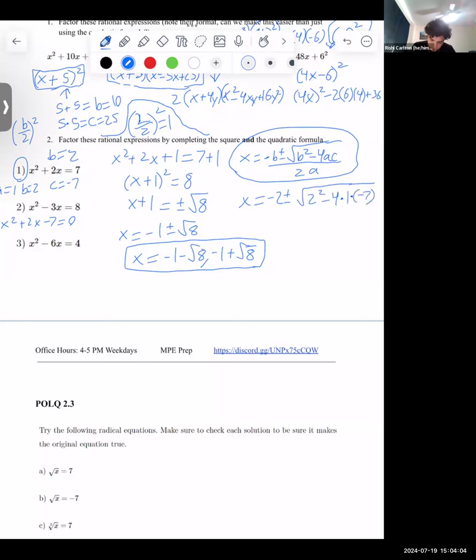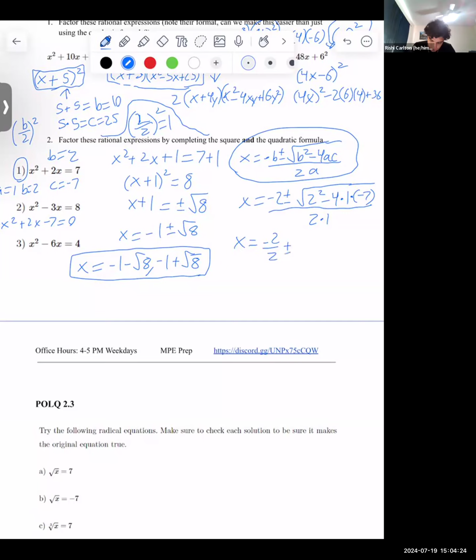We should get x equals -2 over 2 plus or minus the square root of 4 plus 28, all over 2. x equals -1 plus or minus the square root of 32 over 2.